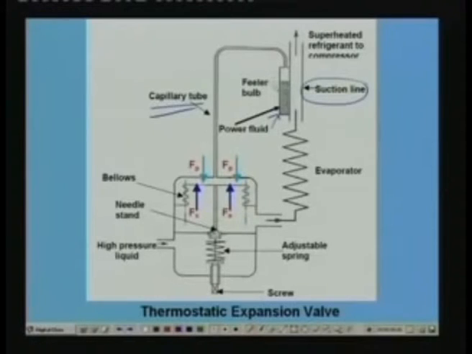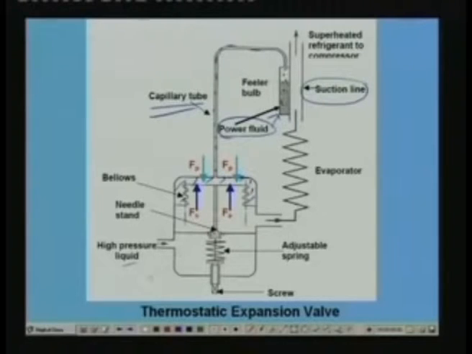Okay, and the feeler bulb, the thermostat space above the bellows and the capillary tube are filled with a fluid called as power fluid. Okay, so this entire space plus this space in the capillary tube and this entire feeler bulb space is filled with a power fluid. Okay, the power fluid can be same as the refrigerant or it can be a different fluid.